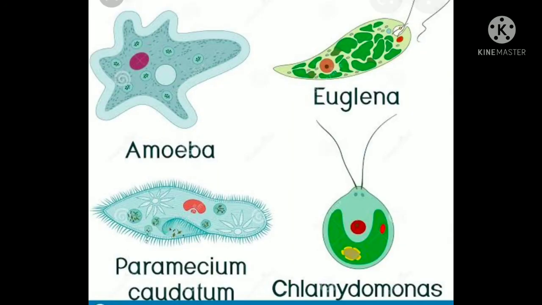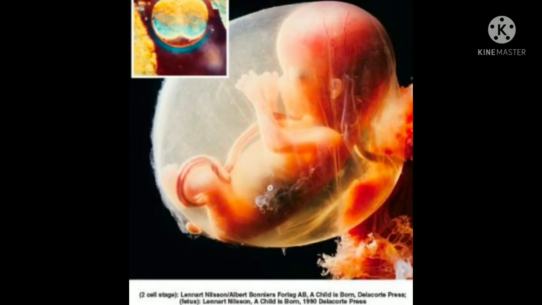Examples of single cell organisms are Amoeba, Euglena, and Chlamydomonas. Examples of multicellular organisms are humans and animals.